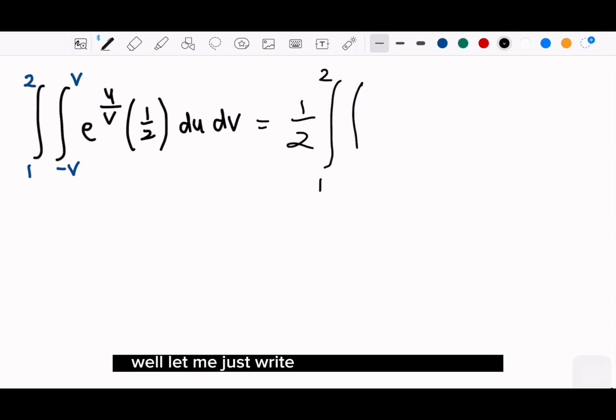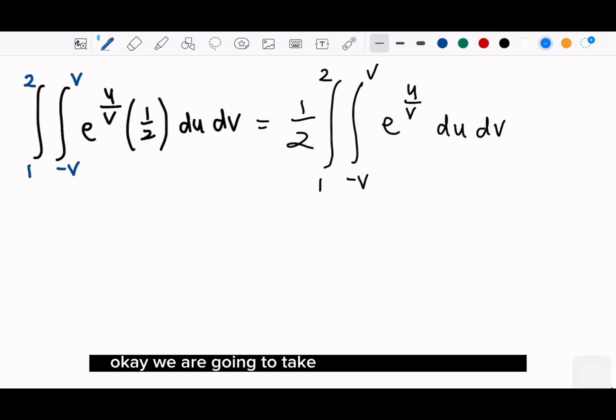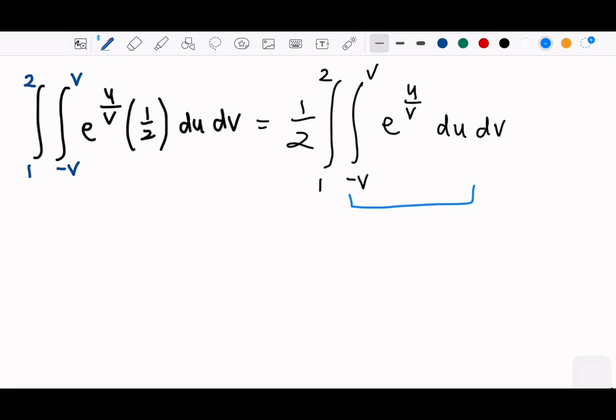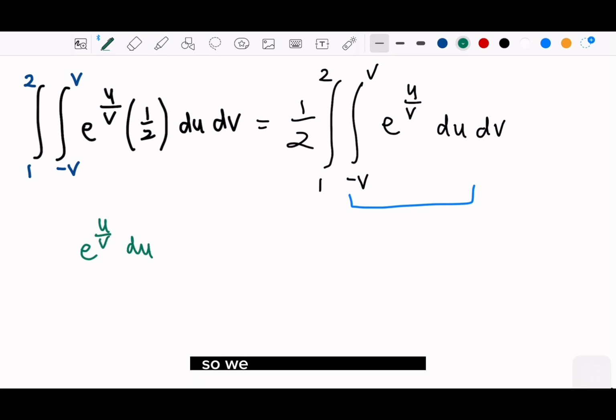Well, let me just write all the things down first. Okay, we are going to take this with respect to u. So we have e to the u over v du. So we take v as a constant, right? We take v as a constant.